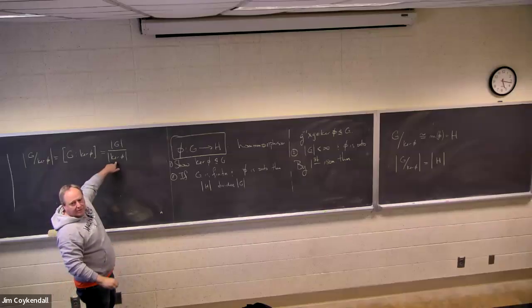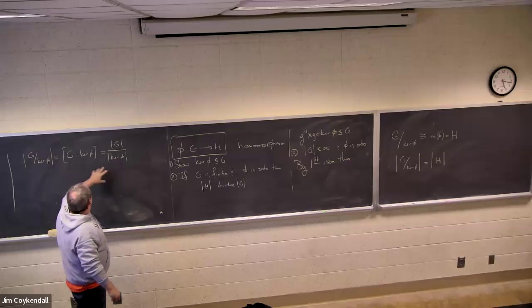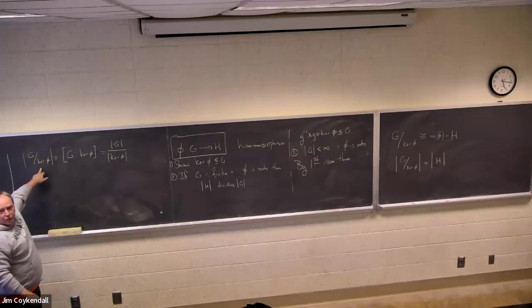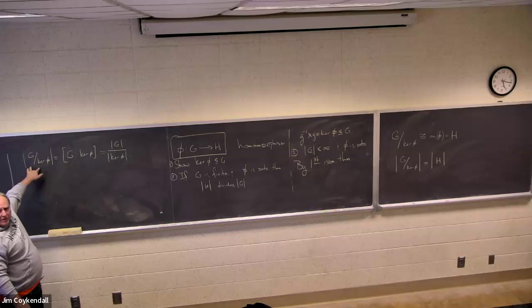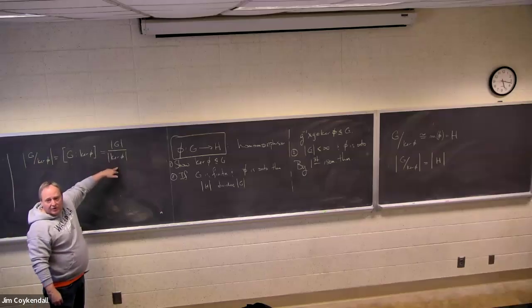I can say this since both G and this subgroup are both finite. That is, the number of left cosets of kernel phi in G is equal to the order of G divided by the order of kernel phi.